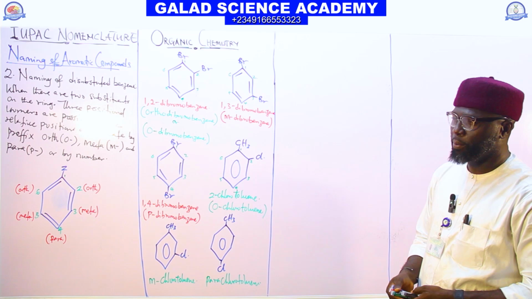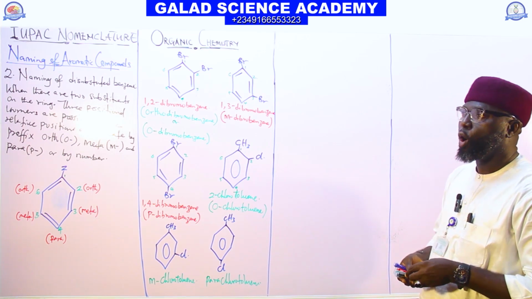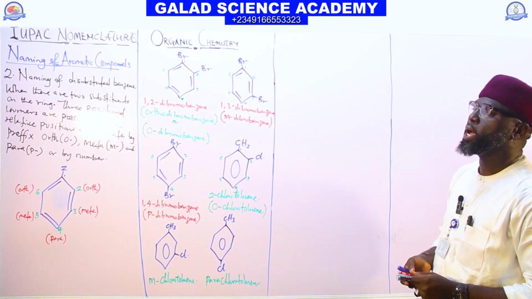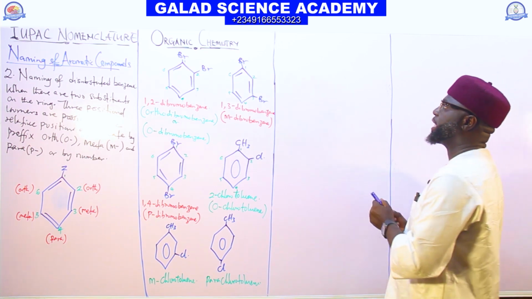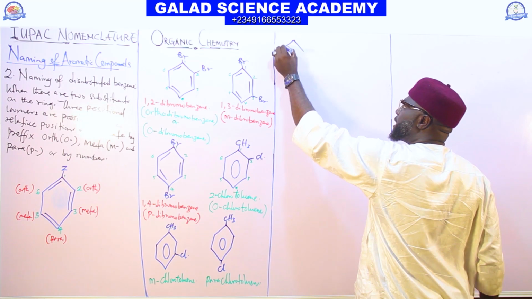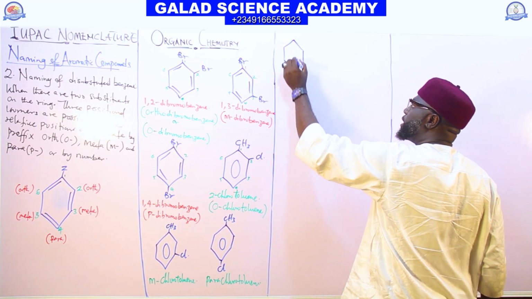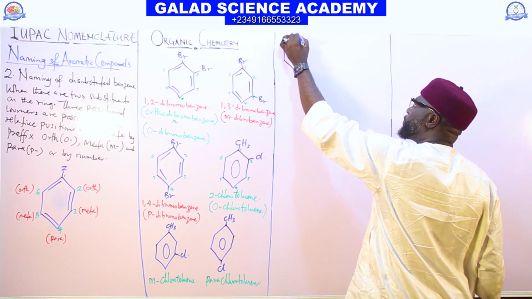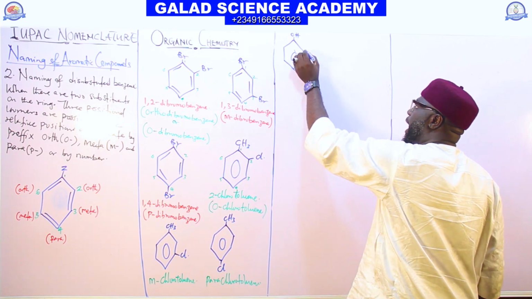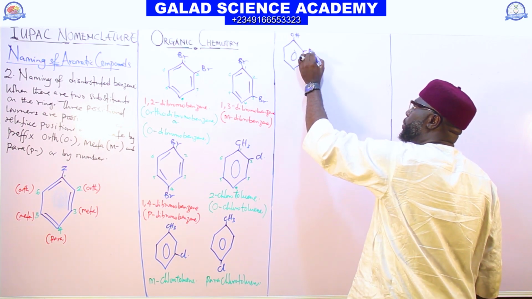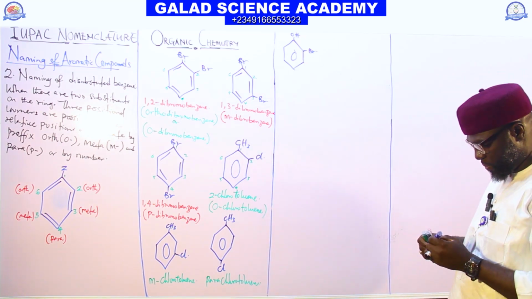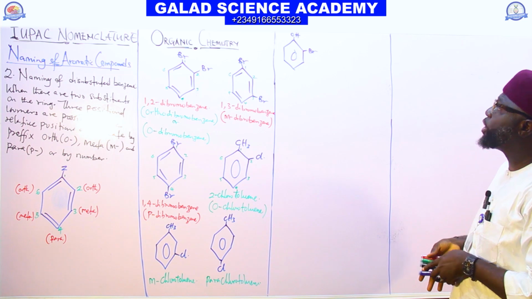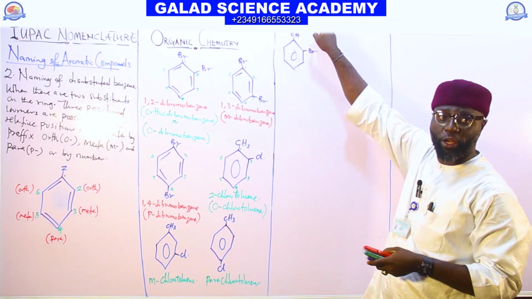Let me give you one example in terms of phenol. Okay, in case we have a benzene ring in this form with phenol, and I put bromine here. What will be the name? You know, the original name for this compound is bromophenol.